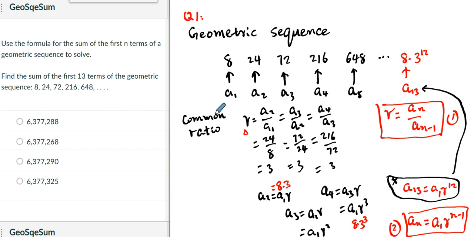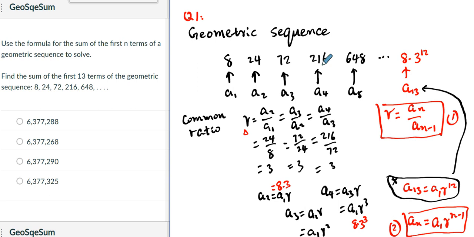And here there is a great feature: the following term divided by the previous term is a constant. You see 24 divided by 8 is 3. 72 divided by 24 is 3 as well.